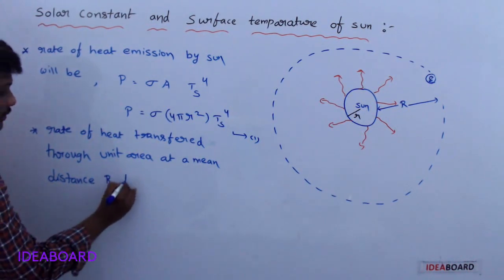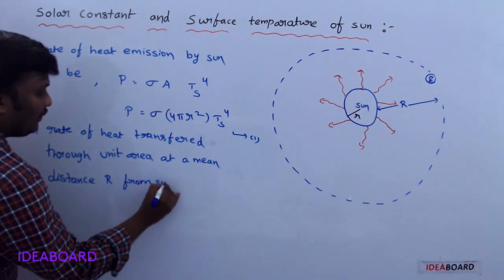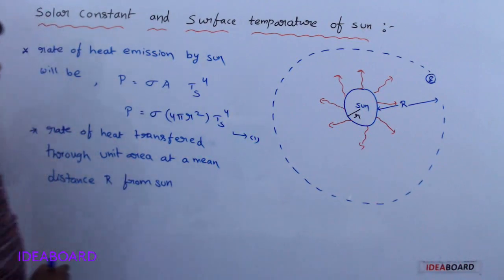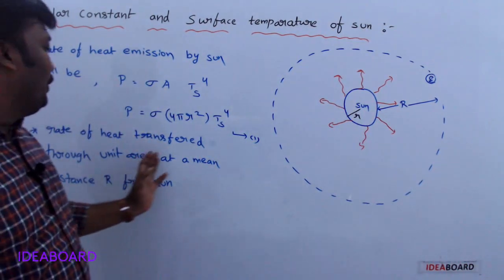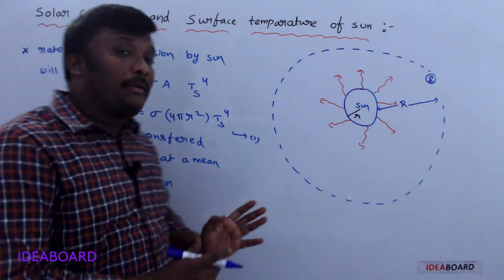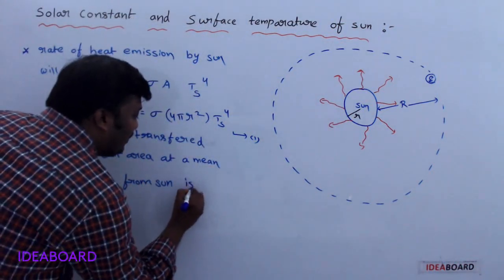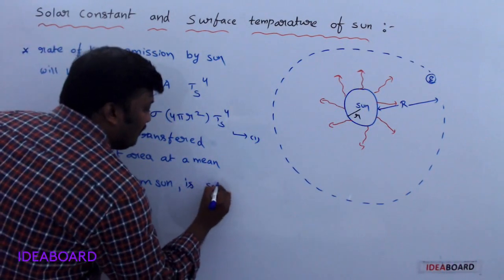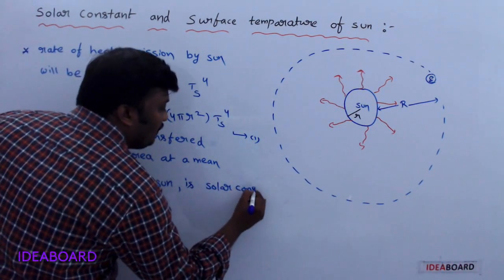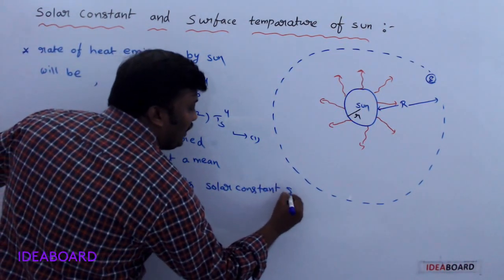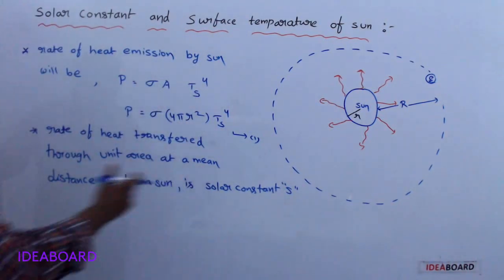Capital R, na. The rate of heat transferred through unit area at a mean distance capital R from the sun is nothing but the solar constant, or not? From the definition of solar constant, we can say this is the S.